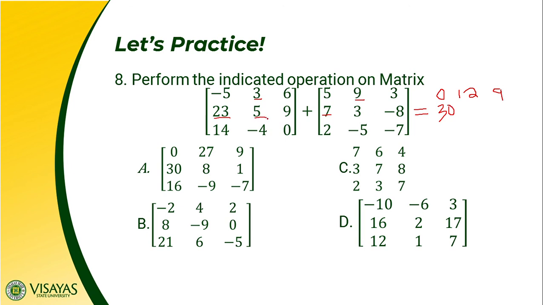We have 5 plus 3, that is equal to 8. 9 plus negative 8, that becomes 9 minus 8 or 1. We also have 14 plus 2 is equal to 16. And negative 4 plus negative 5 is negative 9. And 0 plus negative 7 is negative 7.